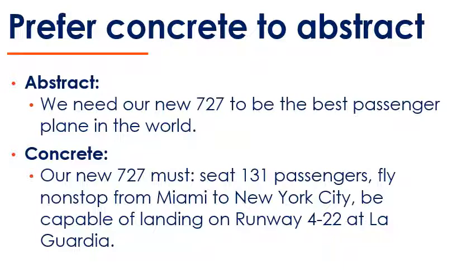That claim is not very convincing because it relies upon the reader's understanding of abstract, open-ended terms like best. But if we instead specify what we mean by best, if we include concrete information and requirements, all of a sudden that claim becomes so much more memorable, intelligible, and frankly, convincing.